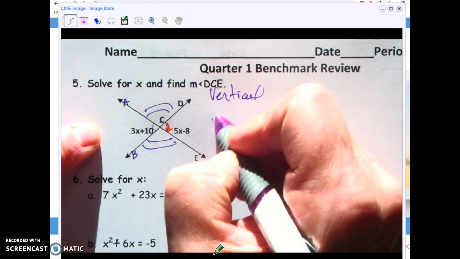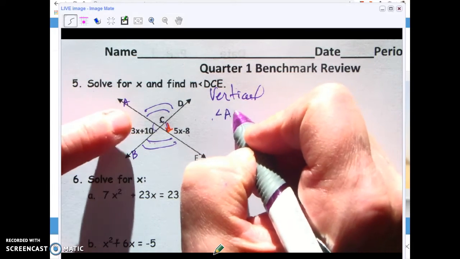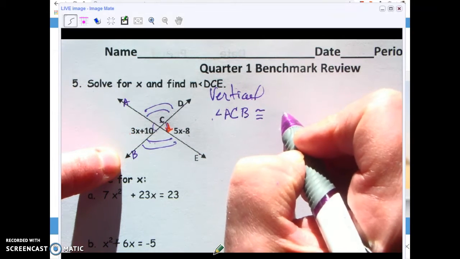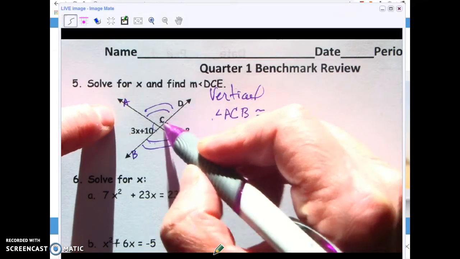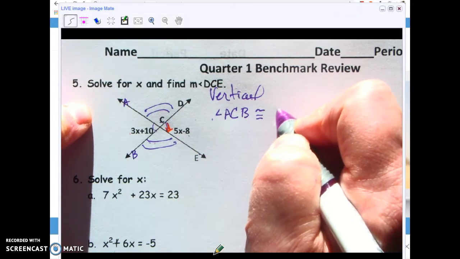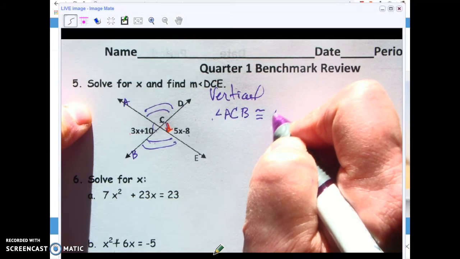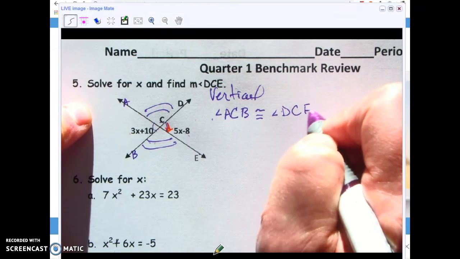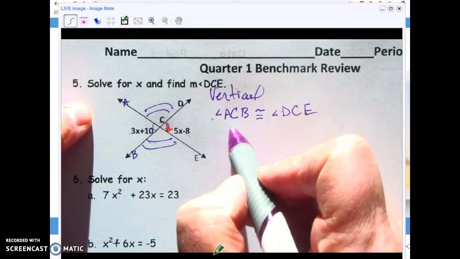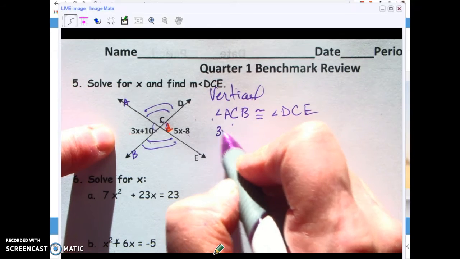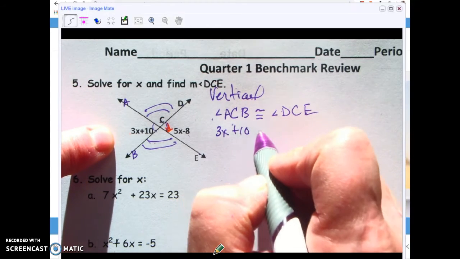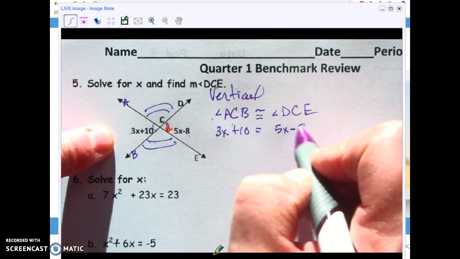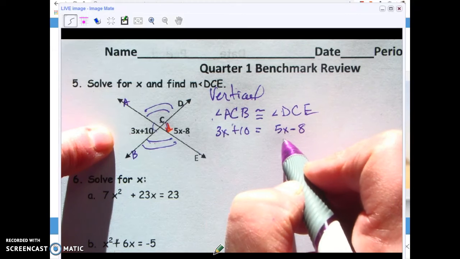So I can see that angle ACB is going to be congruent to angle DCE. Okay, and then by substitution, I'm going to say 3x plus 10 equals 5x minus 8.